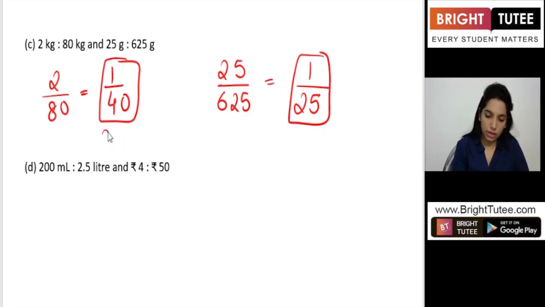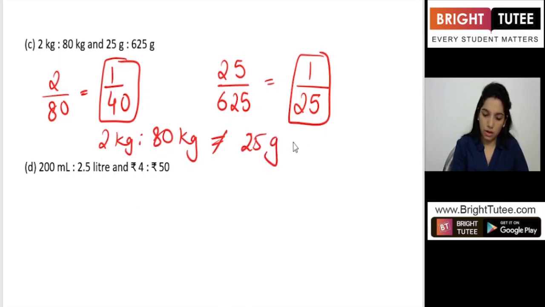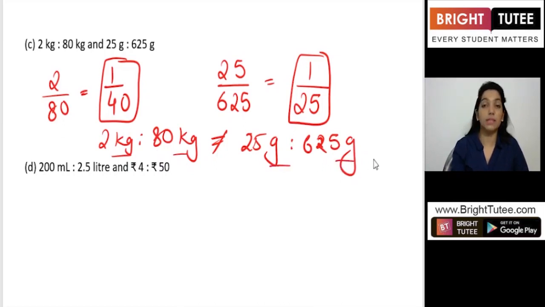So we can just write 2 kg is to 80 kg is not equal to 25 grams is to 625 grams. Now I want you to look at this carefully here. The first one is in kg, the other one is in gram, but that doesn't matter because these are two different ratios. Okay, we are comparing the two different ratios.